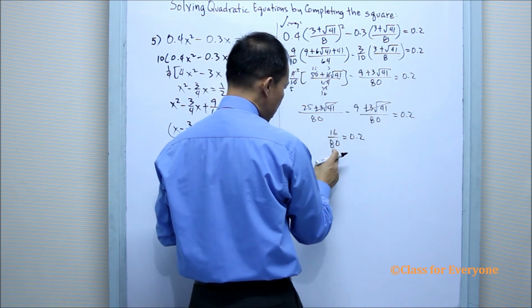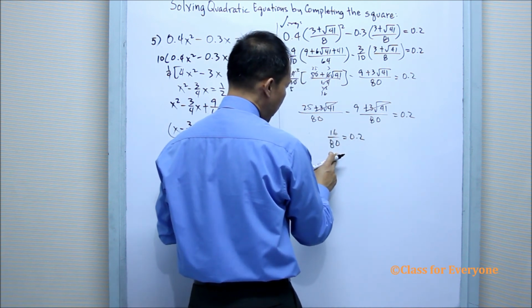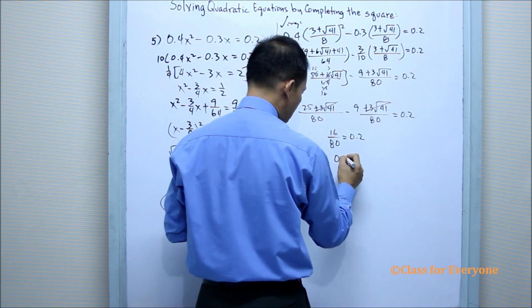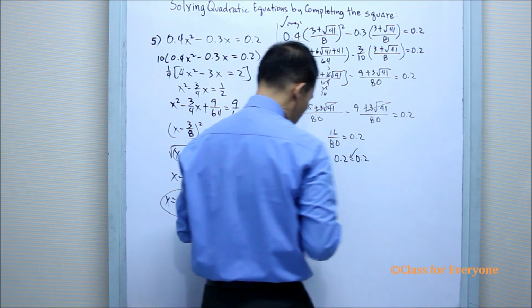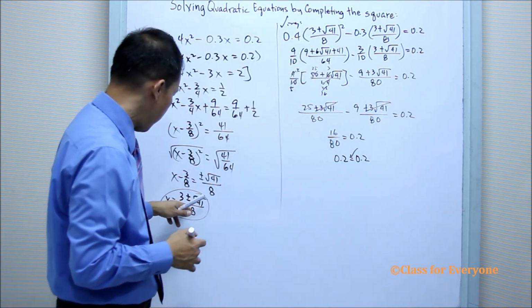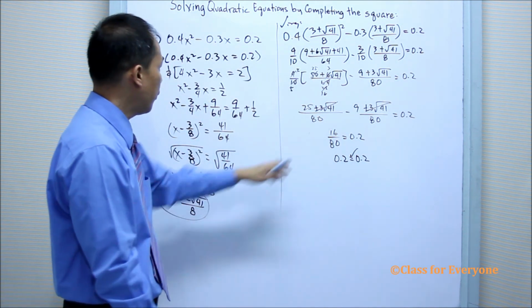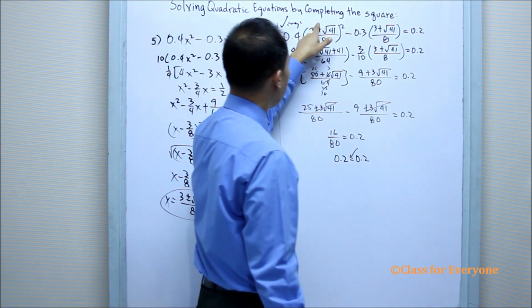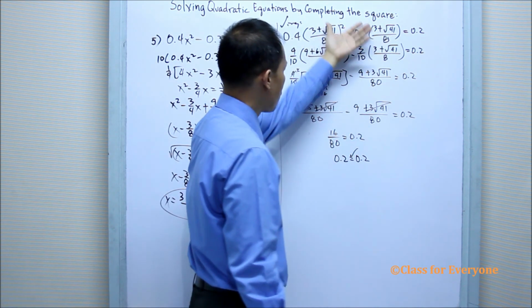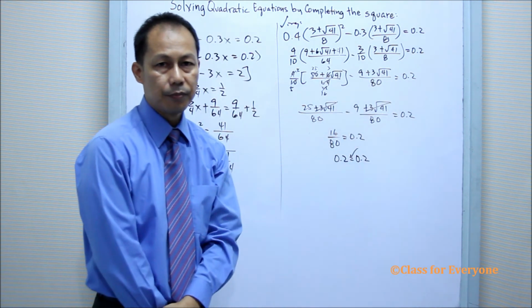When we divide this, 16 divided by 80 is equal to 0.2, and 0.2. The negative root is left for you to check if the answer is correct. All you need to do is change this positive into negative, and then the same procedure. That's all.